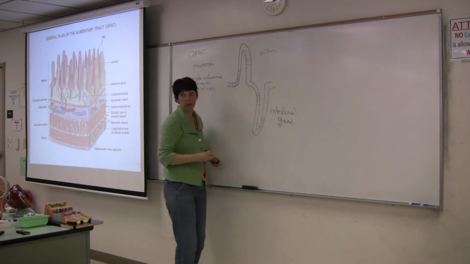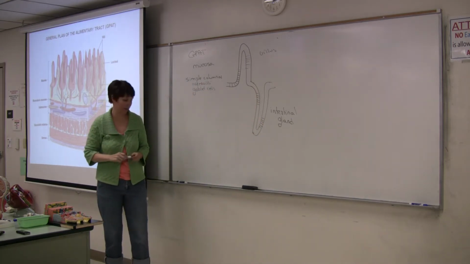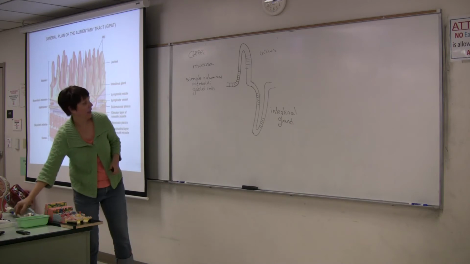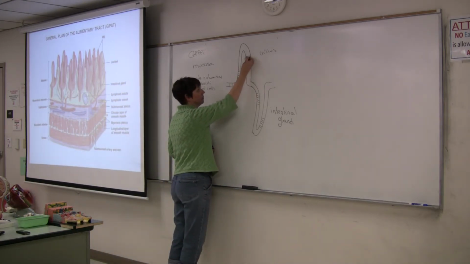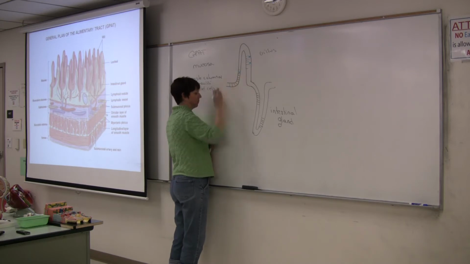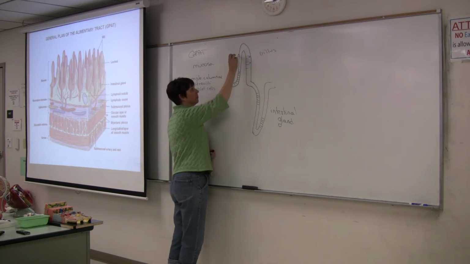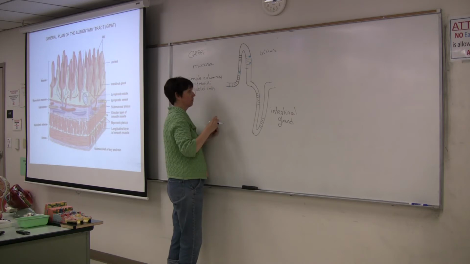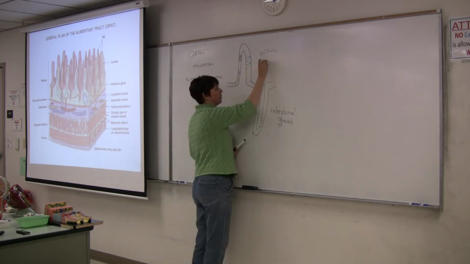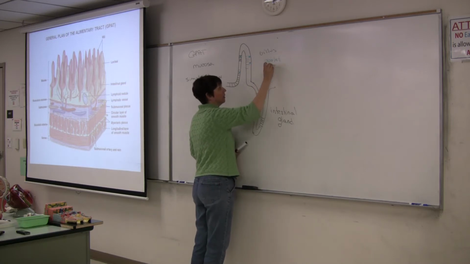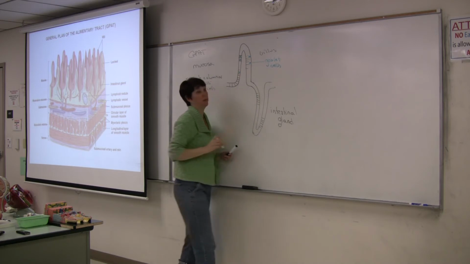So even the ones that don't have lines are still simple columnar cells, okay? And we have goblet cells scattered among them. So that's the source of the mucus.